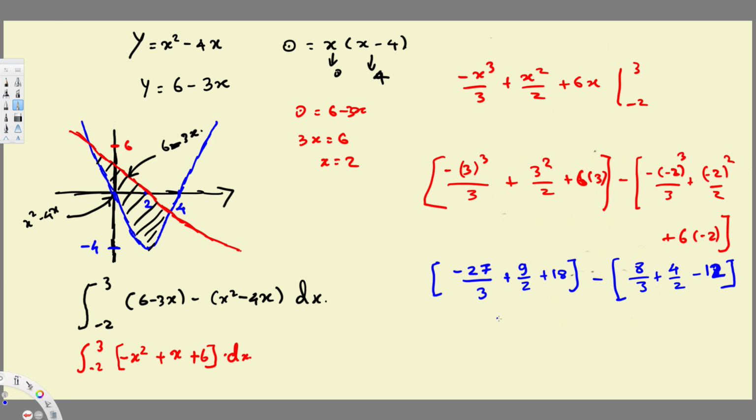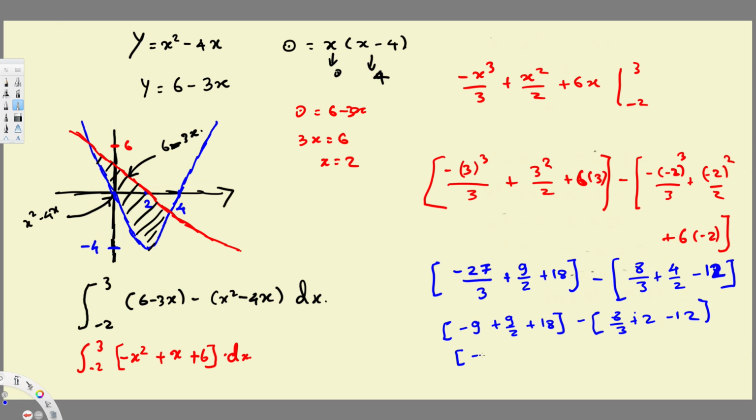So let's simplify everything. We know that 27 over 3 is going to be 9, so this is going to be minus 9 plus 9 by 2 plus 18, and on the other side we have minus 8 by 3 plus 4 by 2, which is just 2, so this is going to be 2 minus 12. And let's add the numbers and bring everything together.